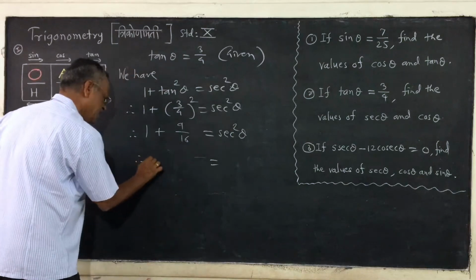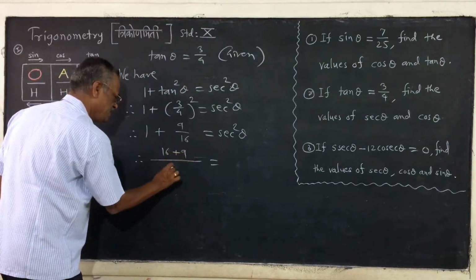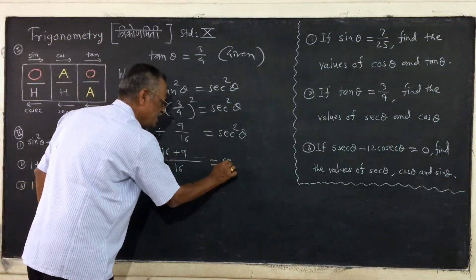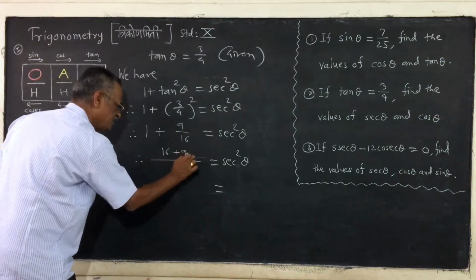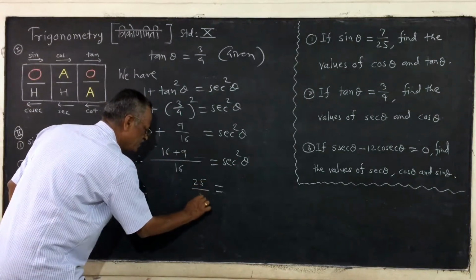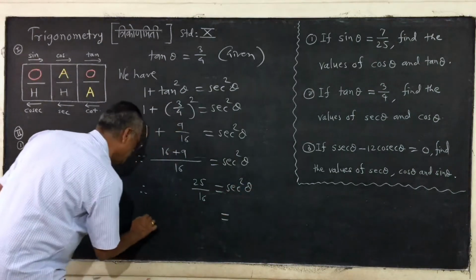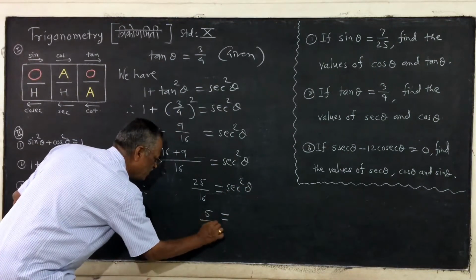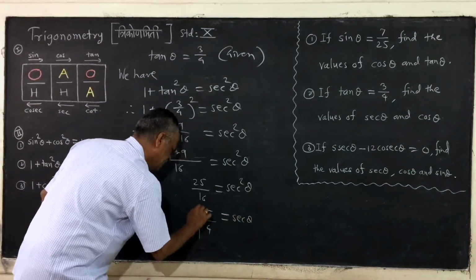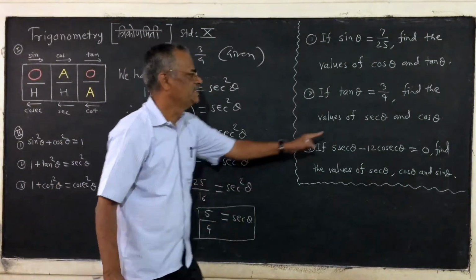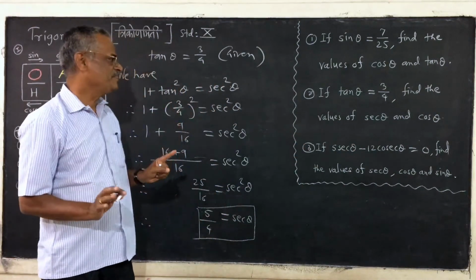You can see the total there. 16 into 1, 16 plus 9 upon 16, that is sec square theta. So 16 plus 9, 25 upon 16, that is sec square theta. Take the square root. What is that? 5/4, that is sec theta. So this is your first answer. Sec theta calculated. आपल्याला sec theta मिळालेला आहे.